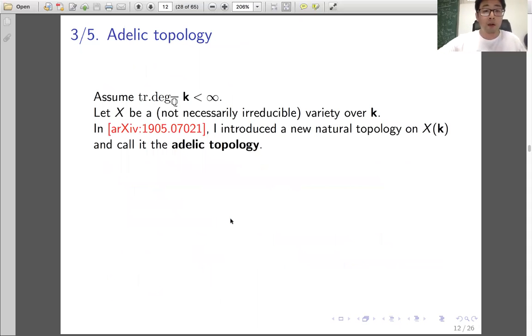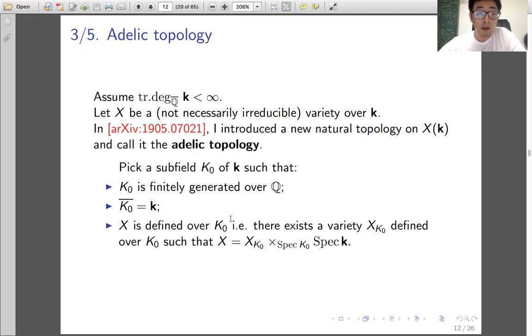Okay. So now we assume that the transcendence degree of K over Q-bar is finite. Let X be a not necessarily irreducible variety over K. In a previous work, I introduced a new topology on X(K) and called it the adelic topology. The definition is as follows.